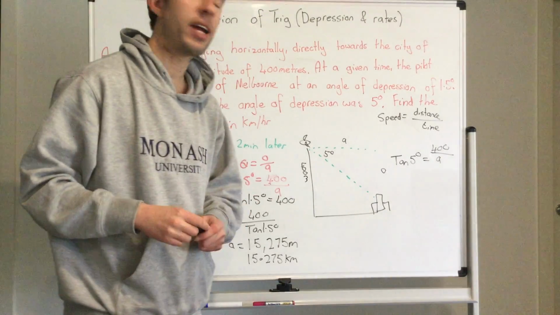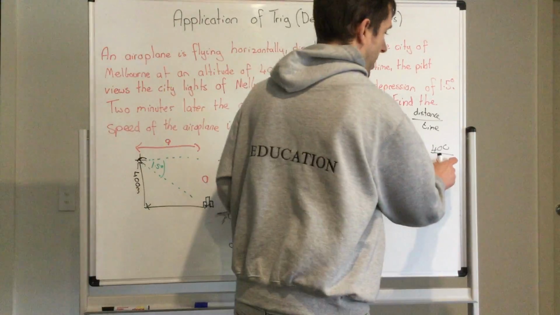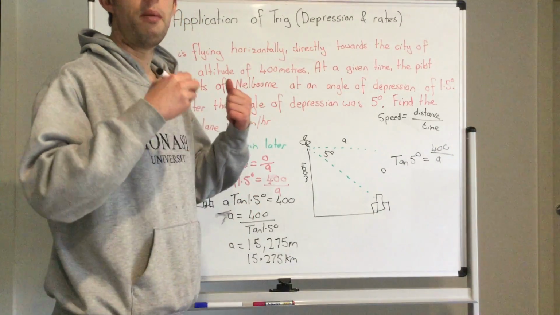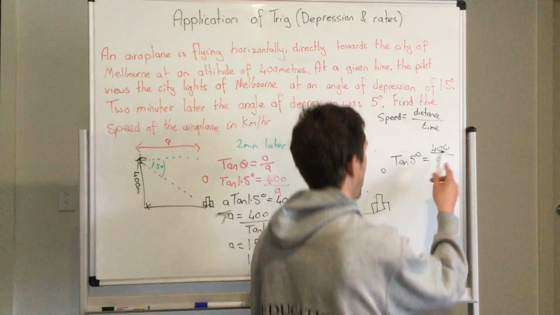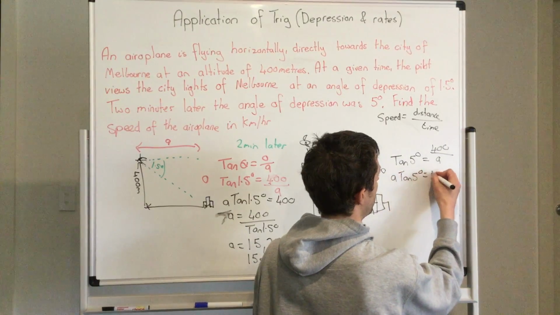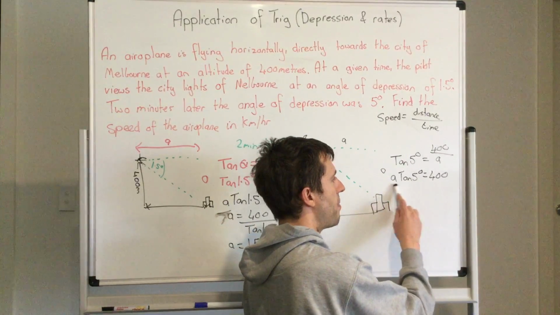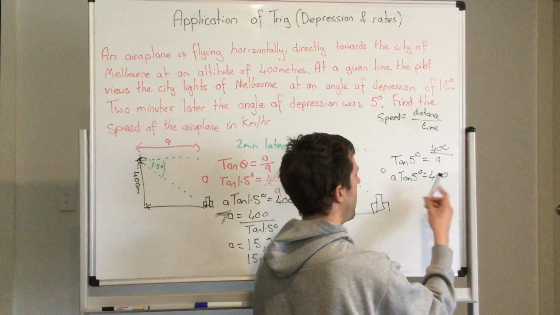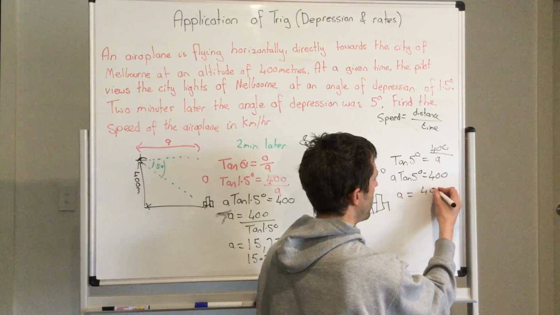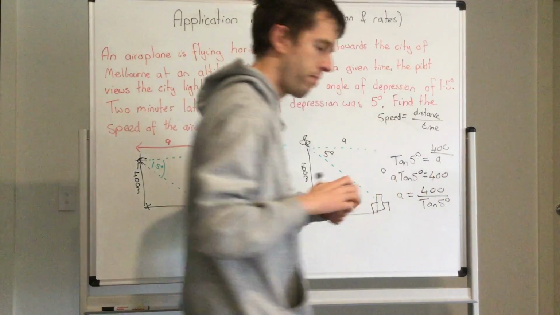I times A on both sides, and it cancels out on this side, so it becomes A tan 5 degrees equals 400. I want A by itself, so I divide both sides by tan 5 degrees.